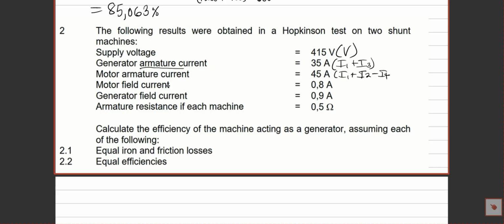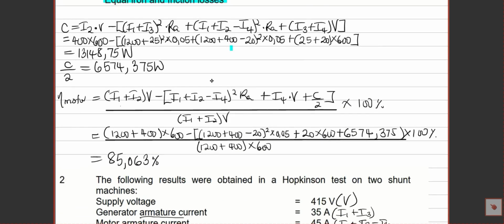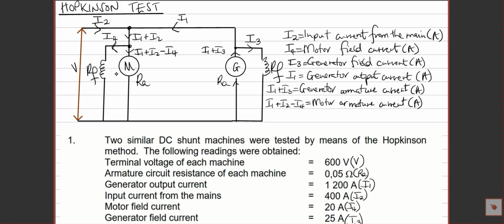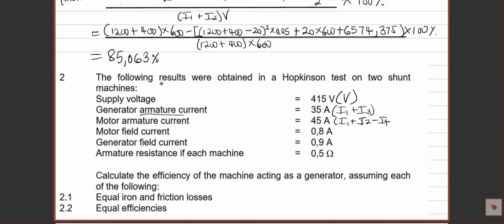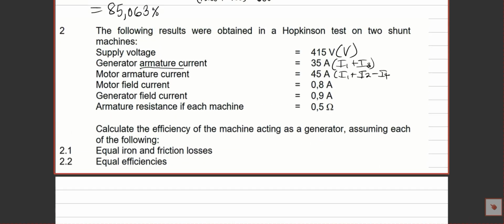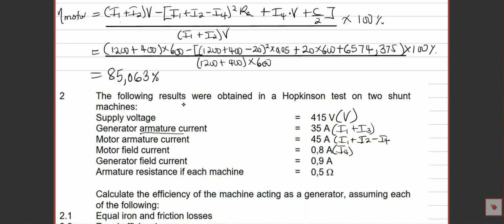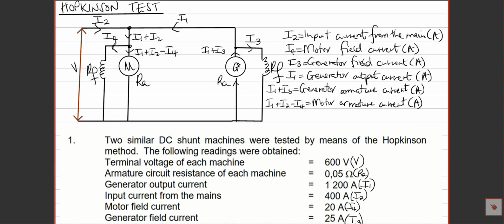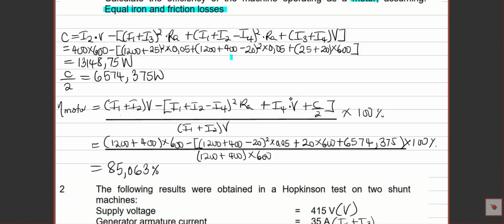Then we have our motor field current, I4. We have I4, motor field current. And then generator field, let's go back to our circuit, generator field current, I3.